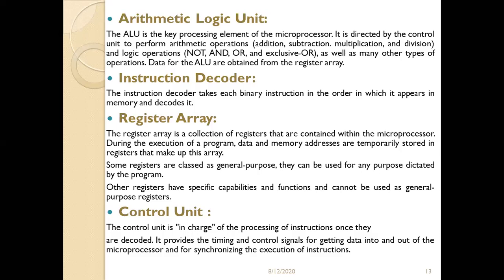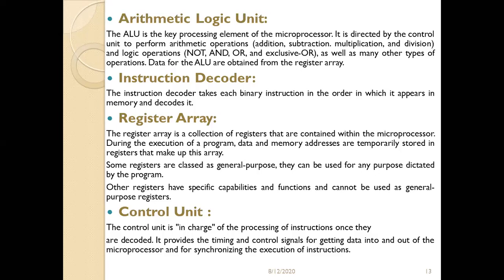Next, the instruction decoder. For example, you take an instruction from memory, and the instruction basically tells the microprocessor what to do. Now, how will the microprocessor interpret this instruction? The microprocessor will interpret this instruction with the help of the instruction decoder.